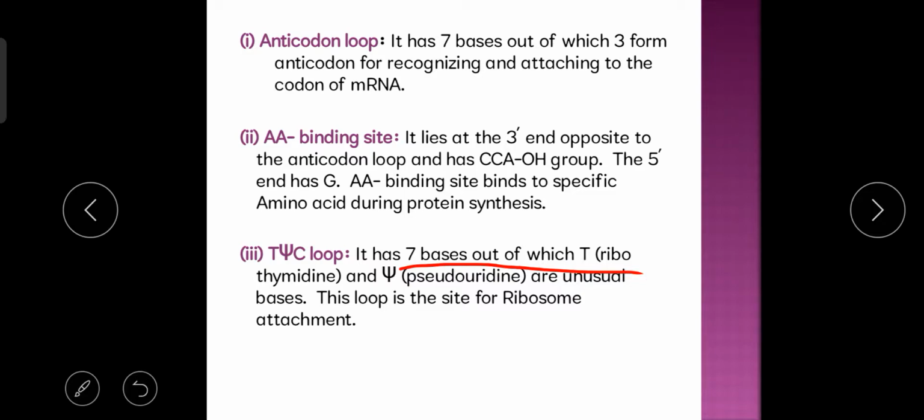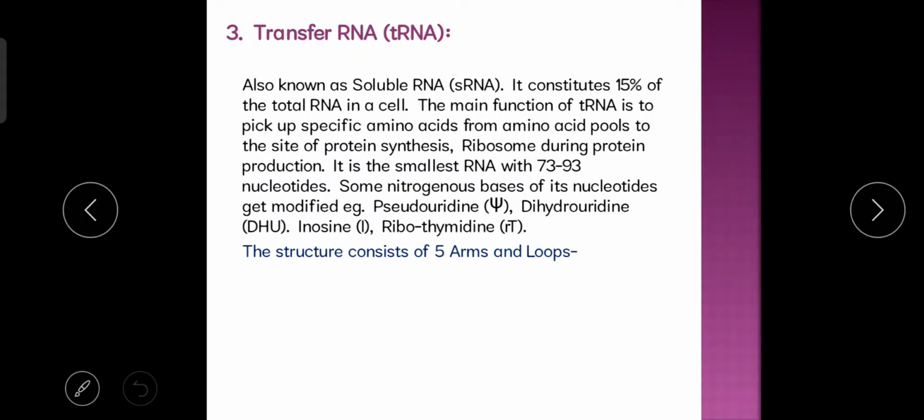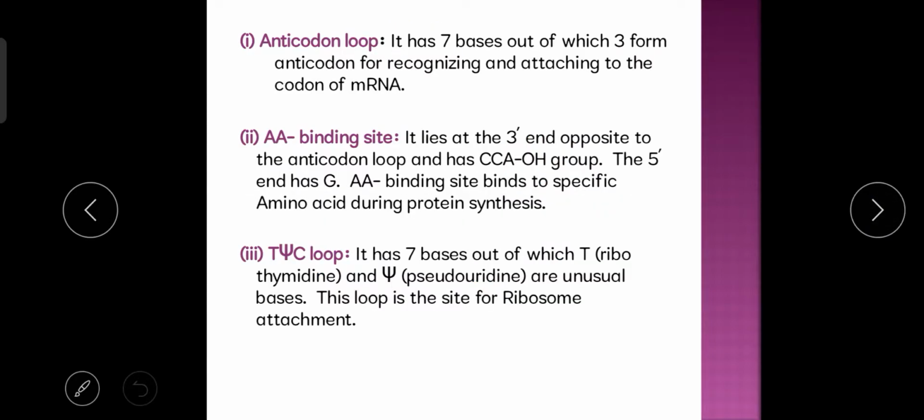The total structure contains only 73 to 93 nitrogenous bases. That is why this is the smallest RNA. So this T-psi-C loop contains 7 nitrogenous bases, whereas the anticodon loop also contains 7 nitrogenous bases.